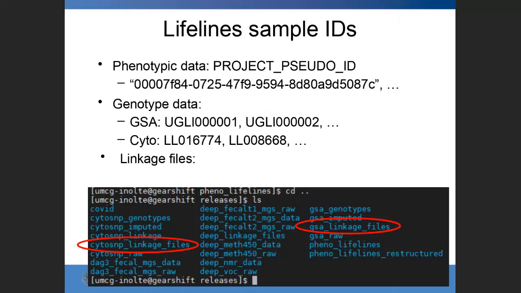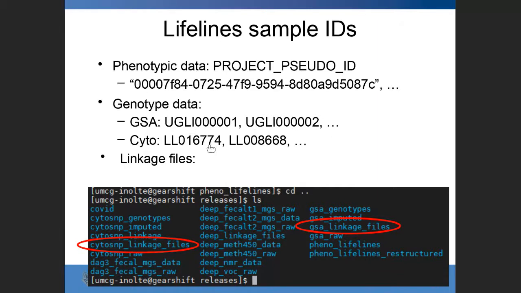So then the next thing is that the individual IDs are not the same. In your phenotypic data, you had this project pseudo ID, which is kind of these long barcode-like IDs, while in the genotype data, you have, for the GSA, UGLI1, UGLI2, and so on.